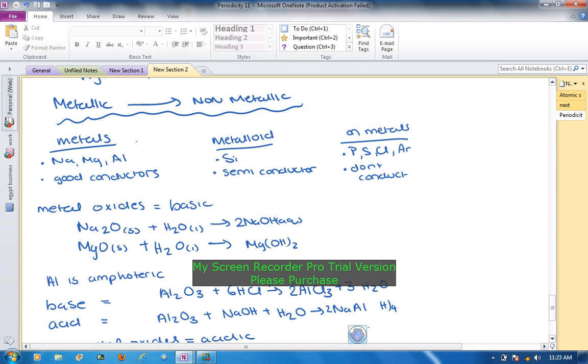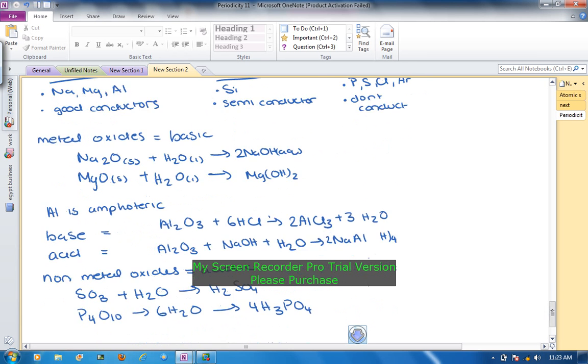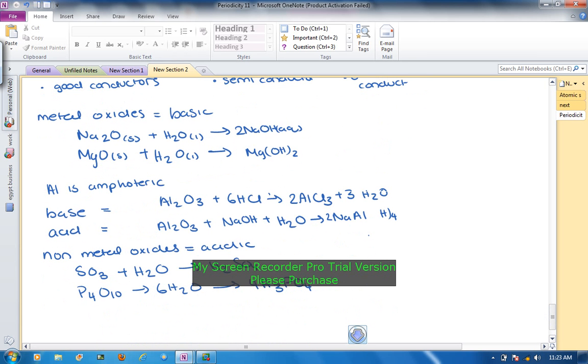The nonmetals, phosphorus, sulfur, and chlorine and argon, do not conduct electricity. Another way to distinguish metals from nonmetals is that metal oxides tend to be basic, while non-metal oxides tend to be acidic. So, for example, you have Na2O, sodium oxide, and magnesium oxide, and these are basic, okay?